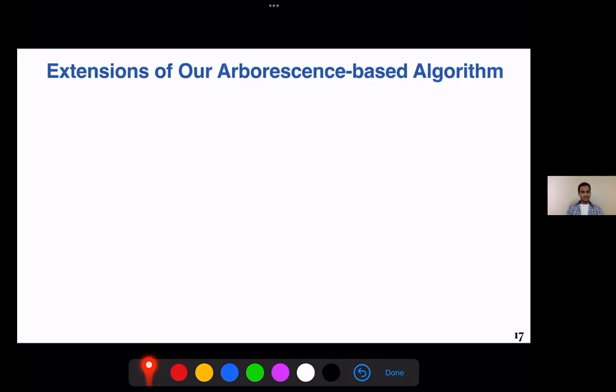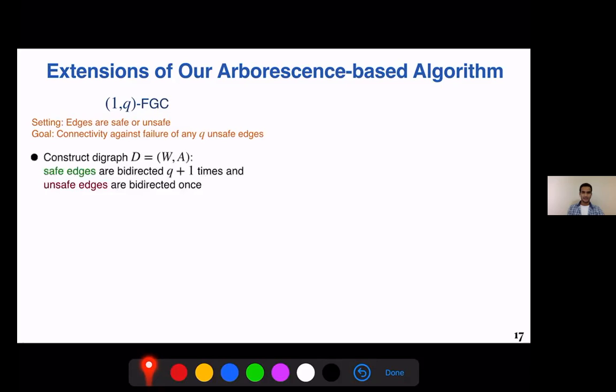Let me also talk about extensions of the arborescence-based algorithm to 1,q FGC and capacitated k-ECSS. Our extension here pretty much goes super smoothly. There is nothing extra that needs to be done. The auxiliary digraph that we construct will have q plus 1 bidirected arcs for every safe edge.